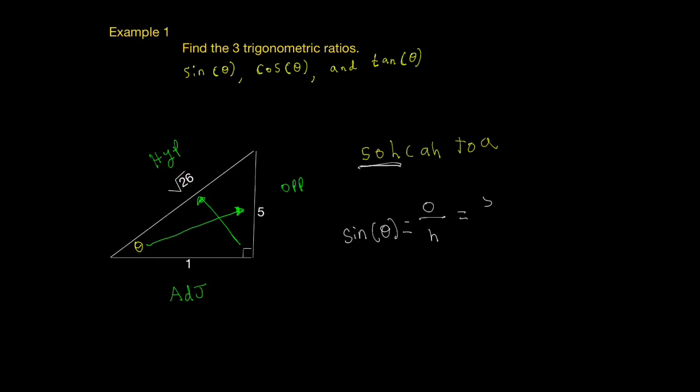So we get 5 over root 26. Let's get cosine now. Cosine of theta, we know that that's going to be the ratio of adjacent over hypotenuse, A over H. So A is 1 and the hypotenuse is root 26. So cosine of theta is 1 over root 26.